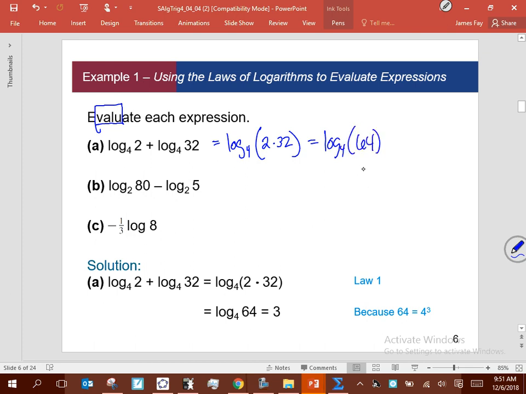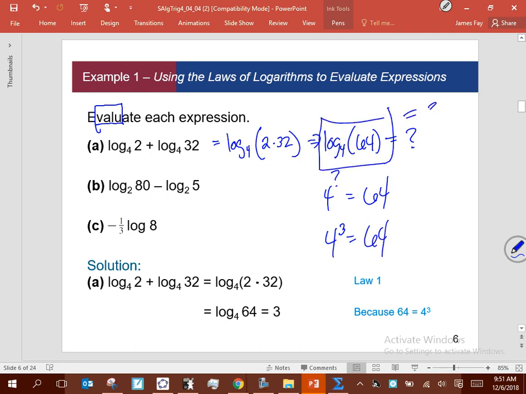Now let's use our definition of a logarithm. 4 raised to the what should give back 64? 4 times 4 times 4 is 64. How many of those do I need? I need 3. So 4 to the third gives me 64. So log base 4 of 64 is 3, meaning that thing right there would have been 3. Does that make sense?